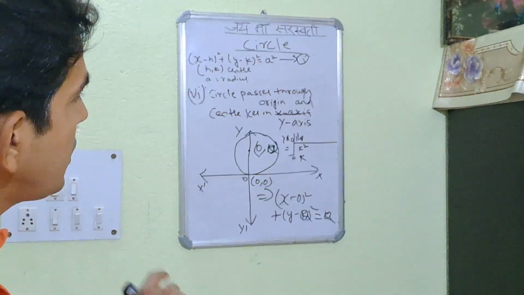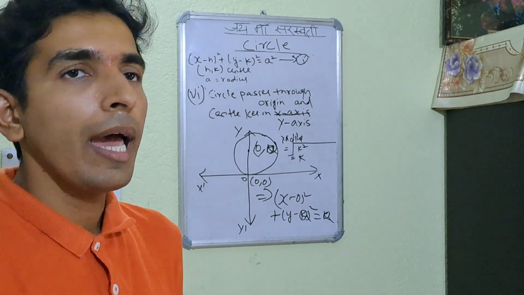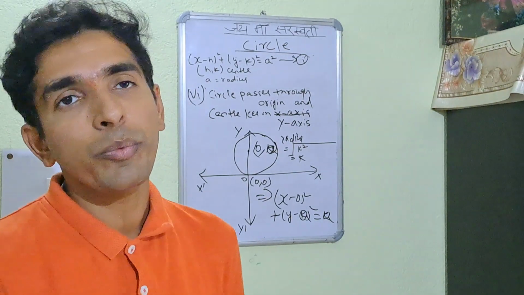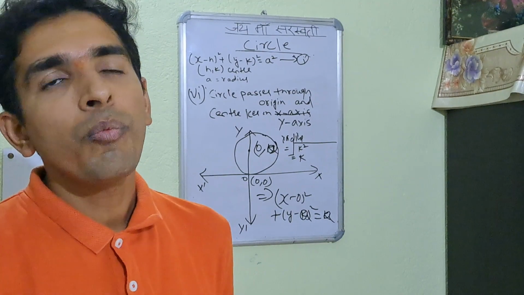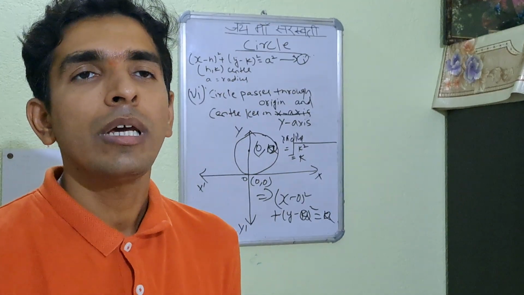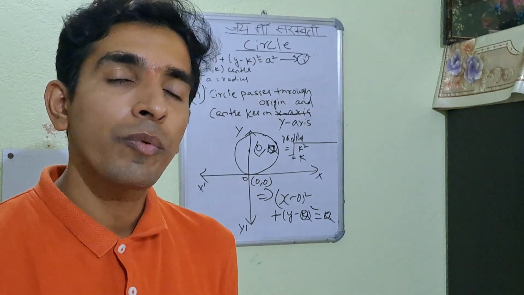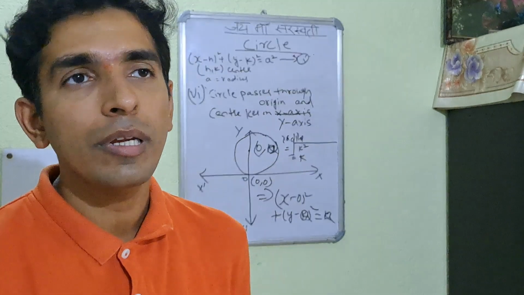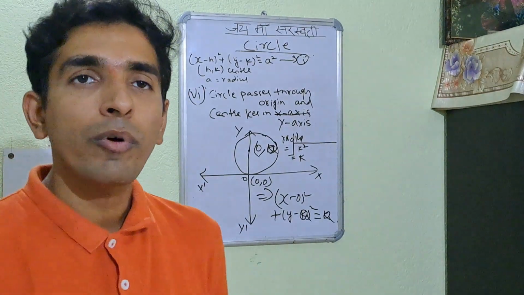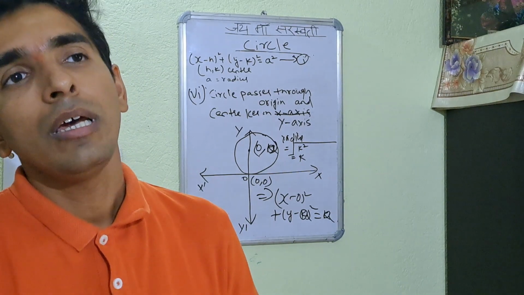We extended those concepts into coordinate geometry, and today we discussed the equation of the circle and how we calculate the unknown parameters. If two parameters are known, how do we calculate the third parameter? Apart from that, we discussed the six terms and conditions.